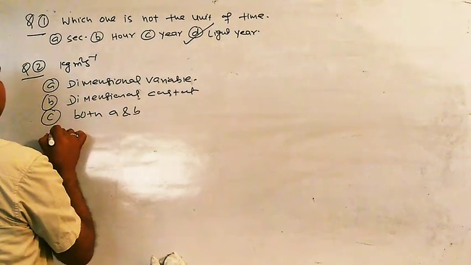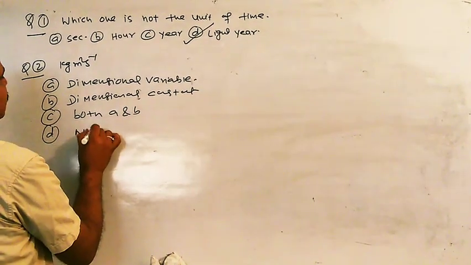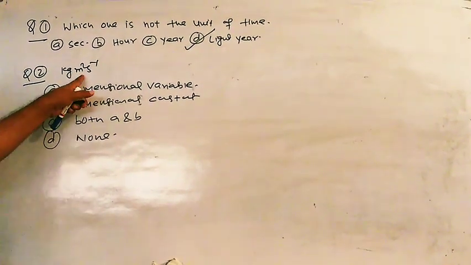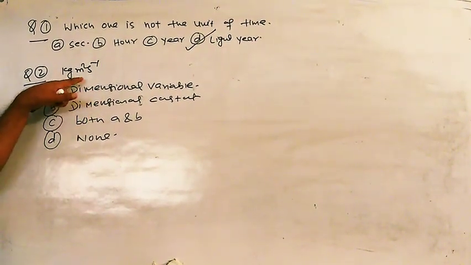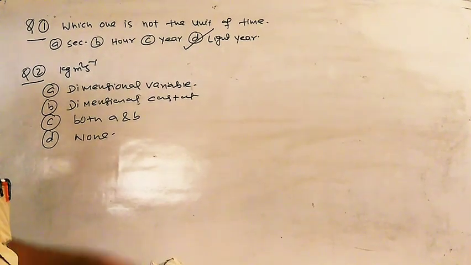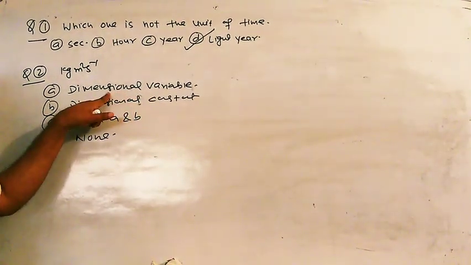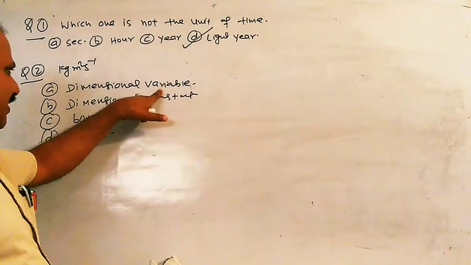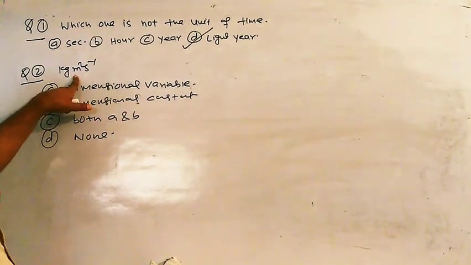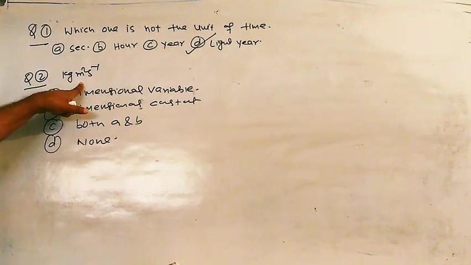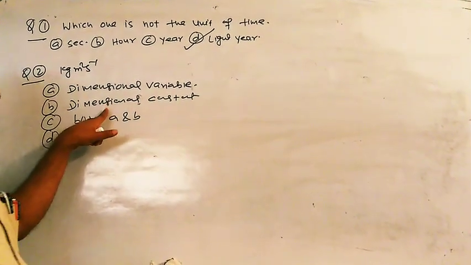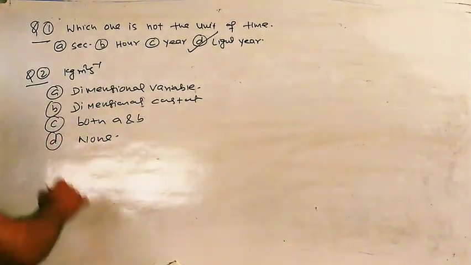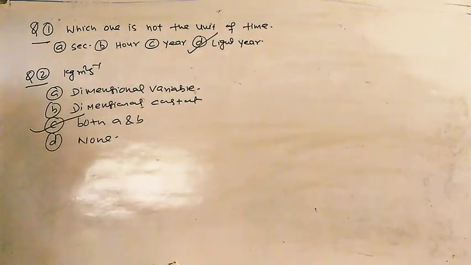C, both A and B. D, none. kg meter square per second is unit of angular momentum, and angular momentum is dimensional with any magnitude, any value. So it is dimensional variable. Also, it is the unit of Planck's constant, and Planck constant is universal constant. So it is dimensional constant. The answer is both A and B. C is correct answer.